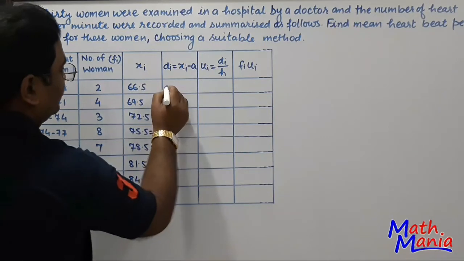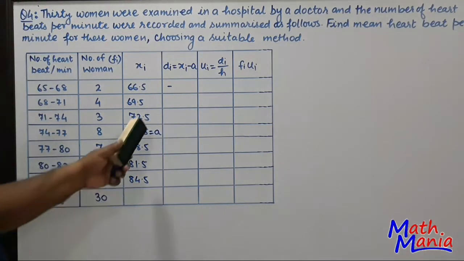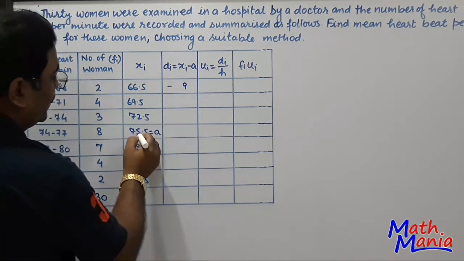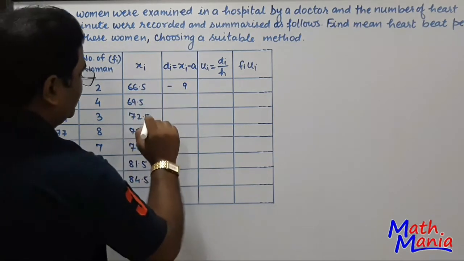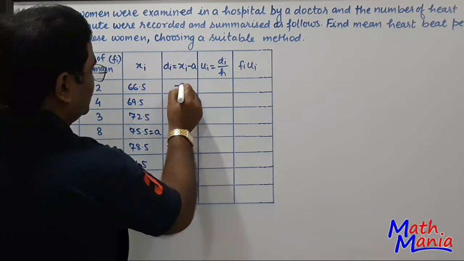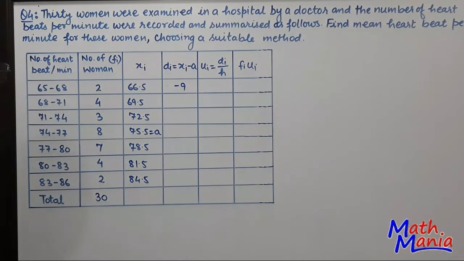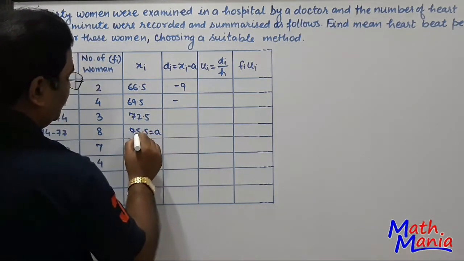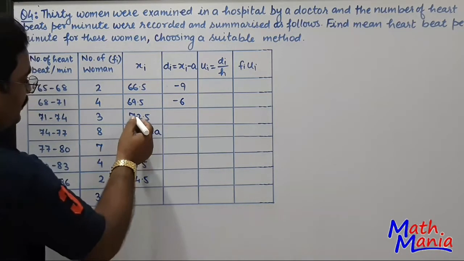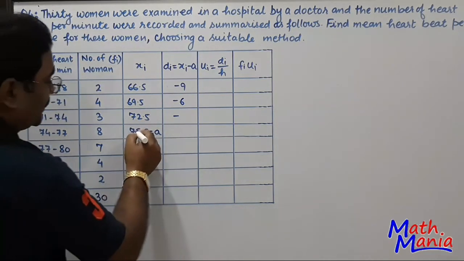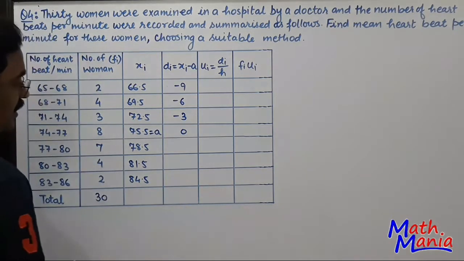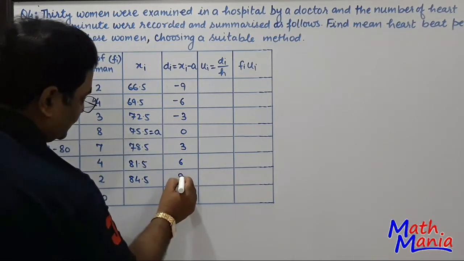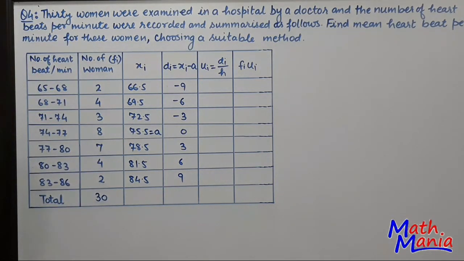Taking the differences, the values come as minus 9, minus 6, minus 3, 0, 3, 6 and 9. Right, friends? So let's find it.